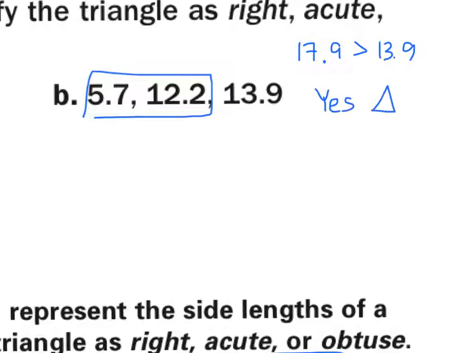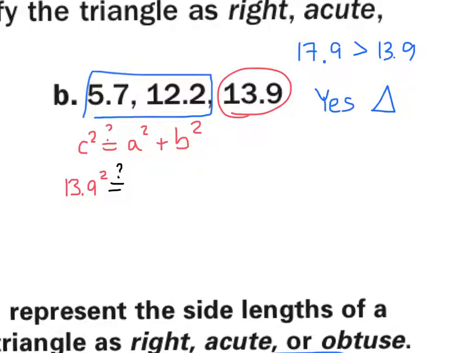Now I need to use the Pythagorean Theorem Converse to determine what type of triangle it is. So I just have to substitute in. C is here, so 13.9 squared is equal to, question mark, the other two, 5.7 squared plus 12.2 squared.